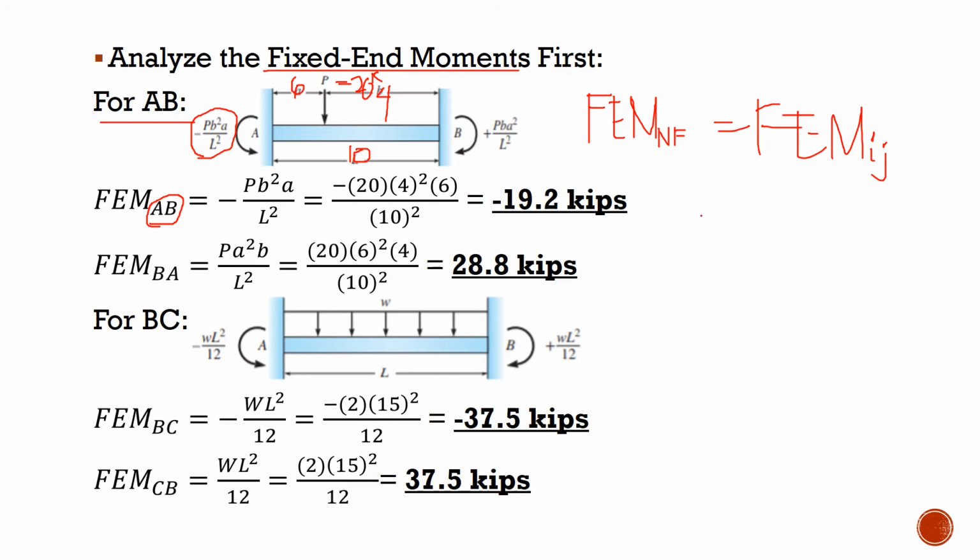So, near or far. Near is at A, so A comes first. Then far, and far is B, so B comes next.